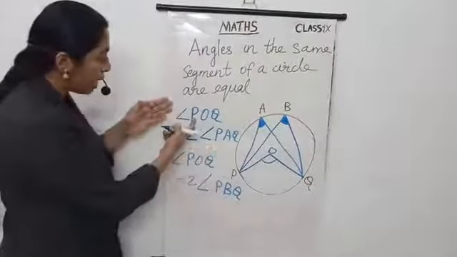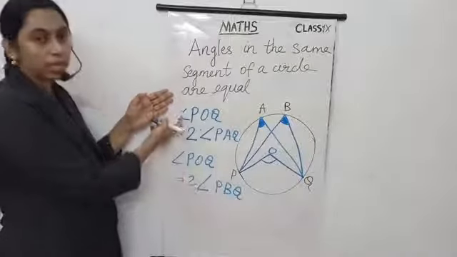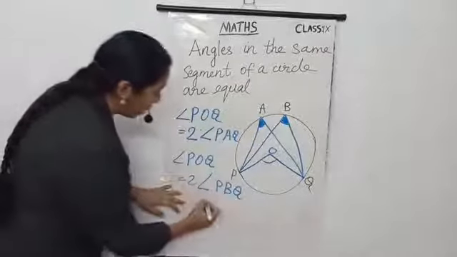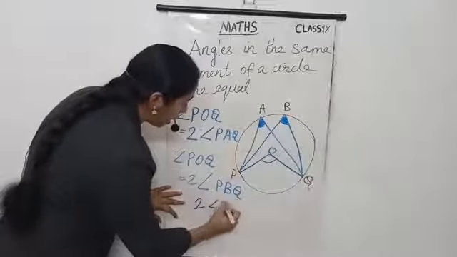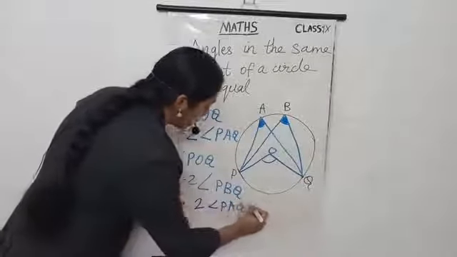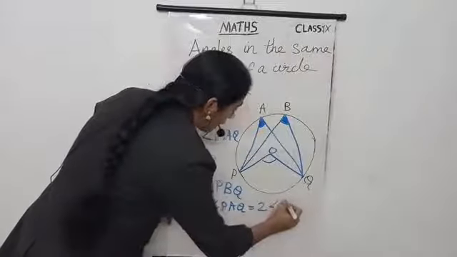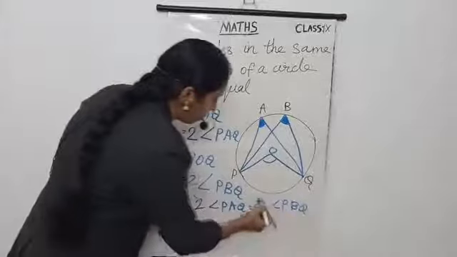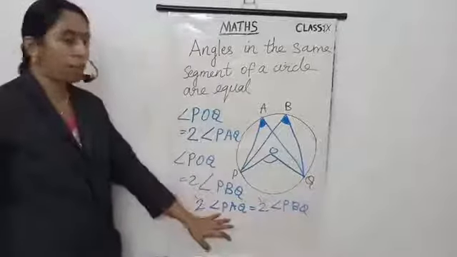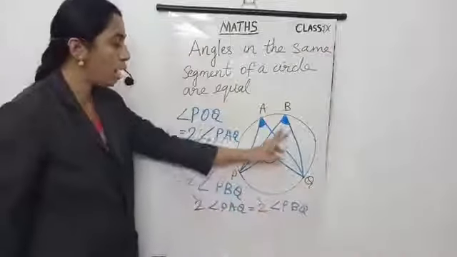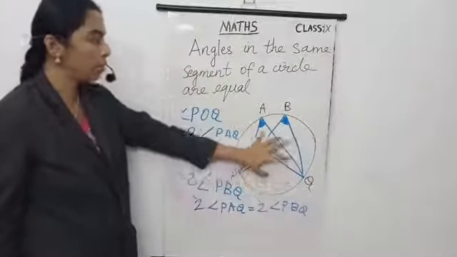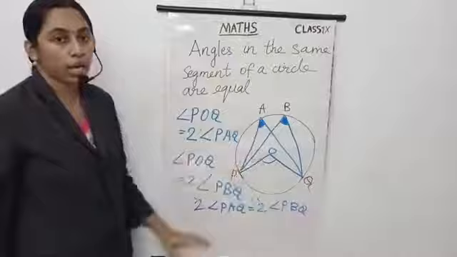That means the left sides of both equations are the same, so the right sides are also equal. So 2 into angle PAQ is equal to 2 into angle PBQ. Now we can cancel the 2, then we get angle PAQ is equal to angle PBQ. That is the theorem: angles in the same segment of a circle are equal.